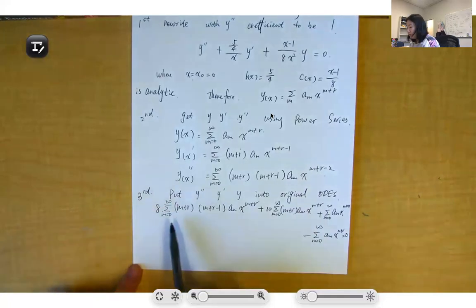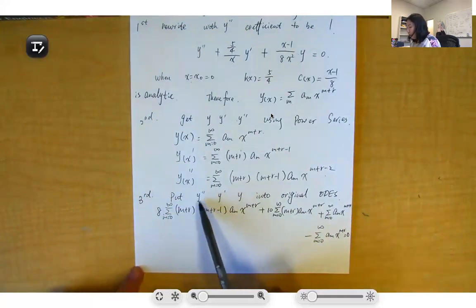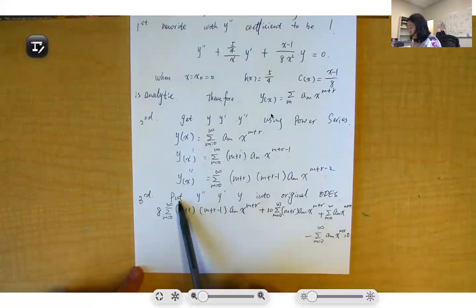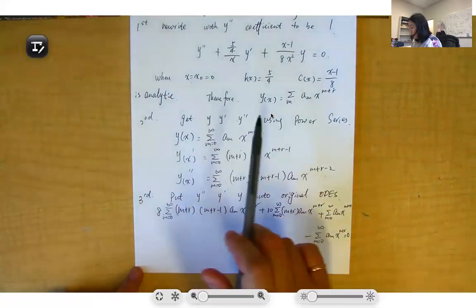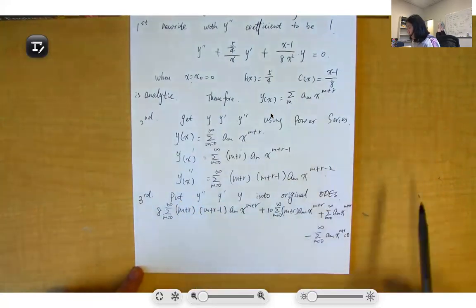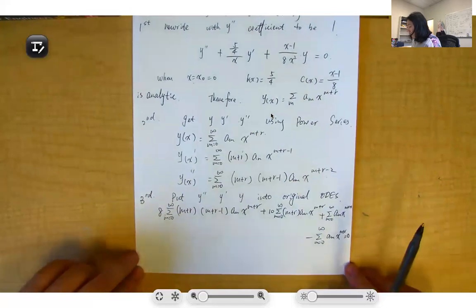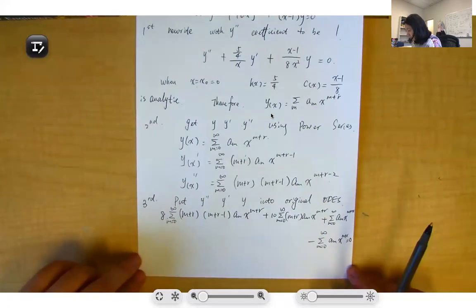So this is the result after I put all the differential terms into the original equation in power series format.